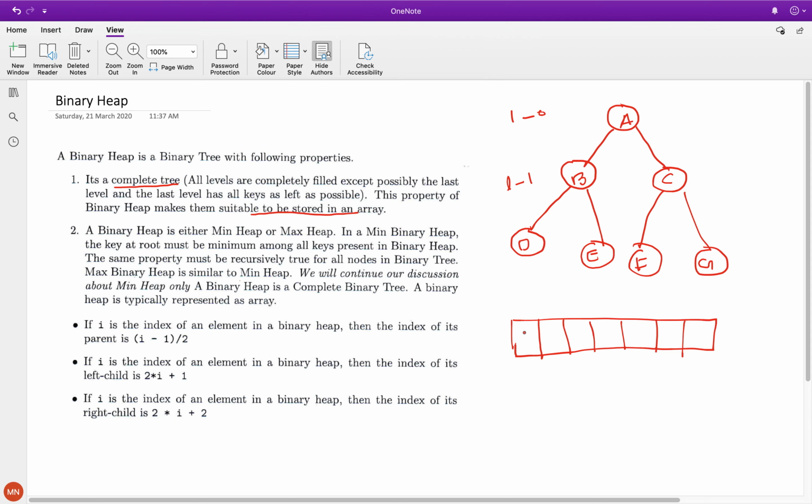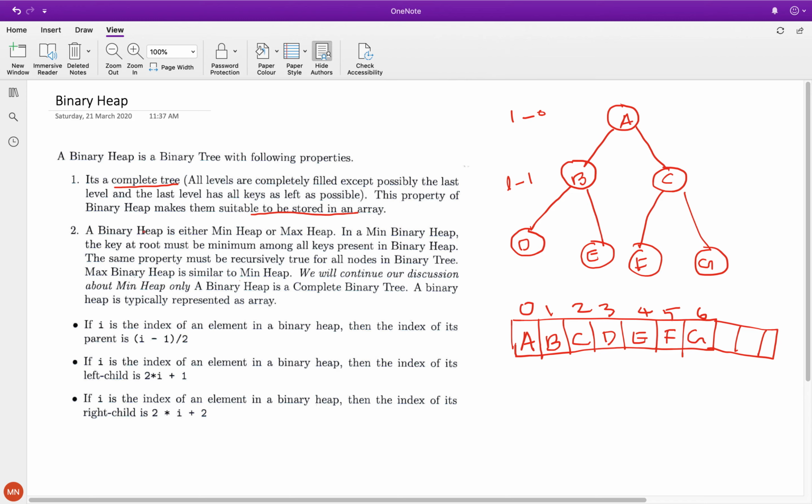The first element, if you are going to insert, it will be inserted at the first position. The next element will be here, the next element will be at this position, then D, then E, then F, then G, and we can also have some other spaces reserved to store the next coming data. So these elements have indices 0, 1, 2, 3, 4, 5 and 6.